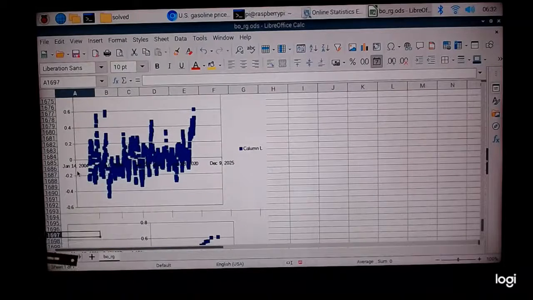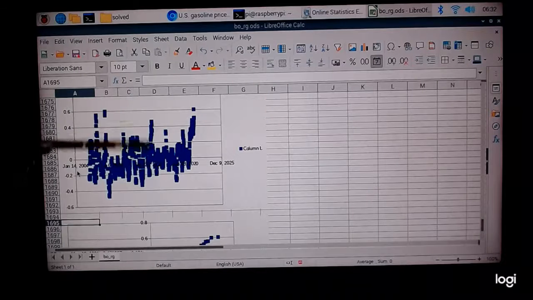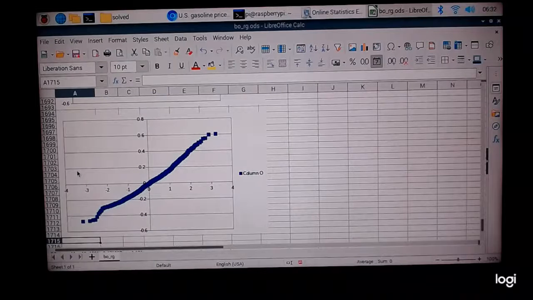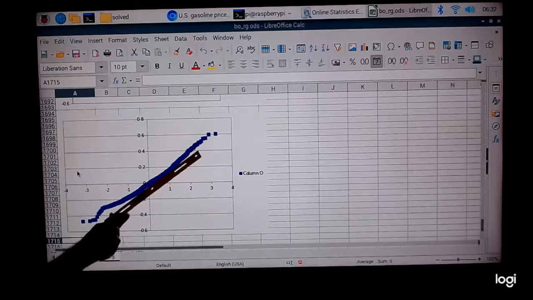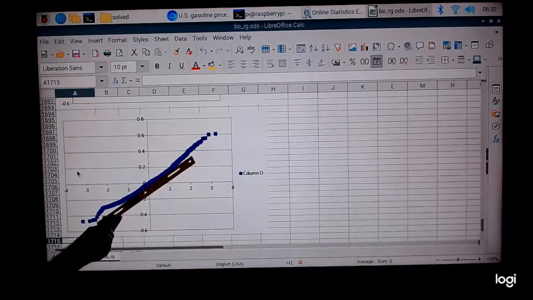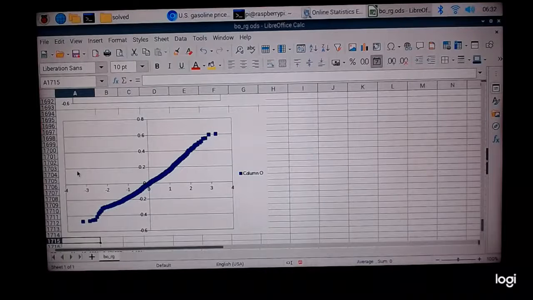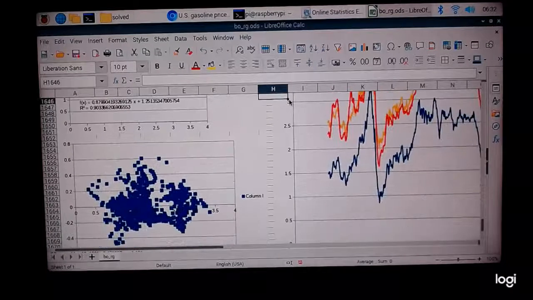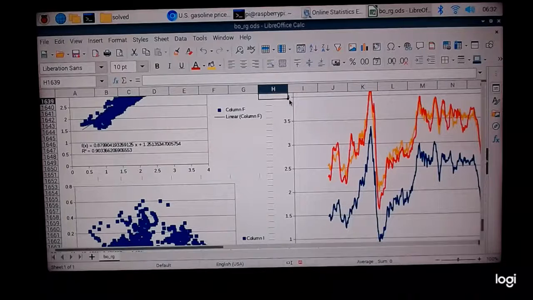This is the residuals with time, and I really didn't expect to see any. I mean, they're highly correlated with time. And this is the QQ plot. The residuals on a QQ plot should have a normal distribution, and that's pretty much a straight line there. So that's the statistics that I was using for the linear model.